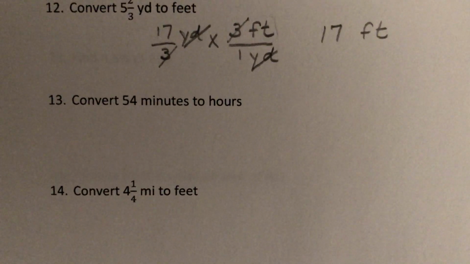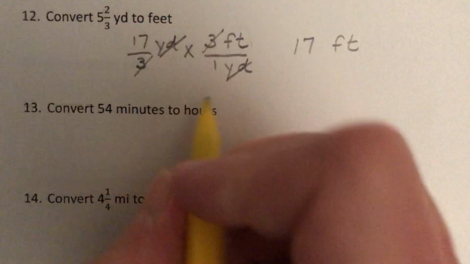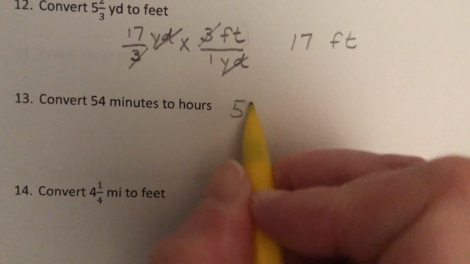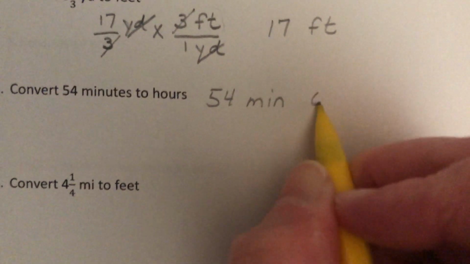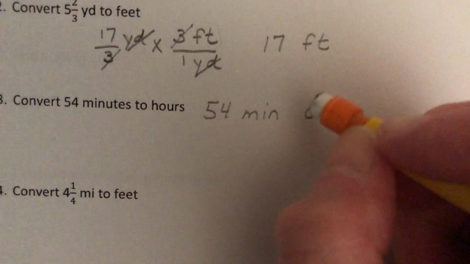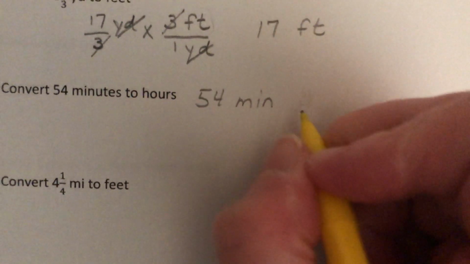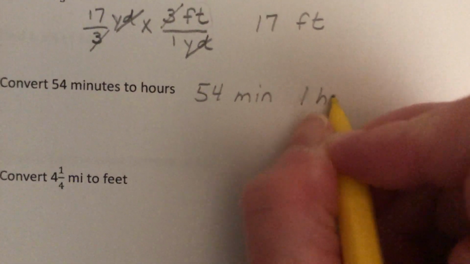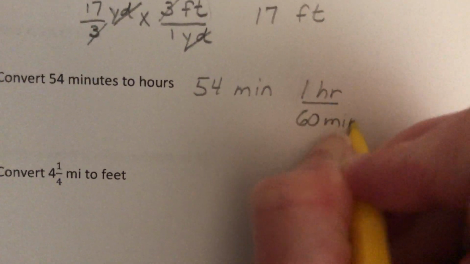Convert 54 minutes to hours. So we write down what we have, 54 minutes, and there are 60 minutes in 1 hour, so we want to put the 1 hour on the top of the fraction because that's what we want. So put 60 minutes in the denominator.